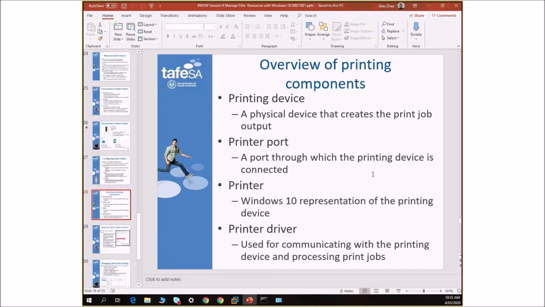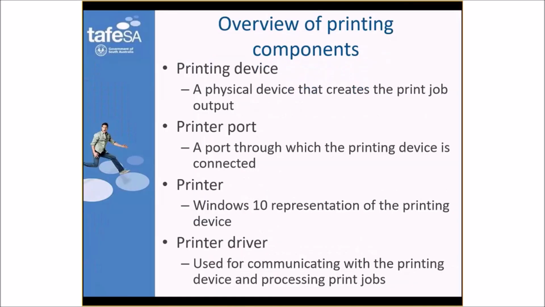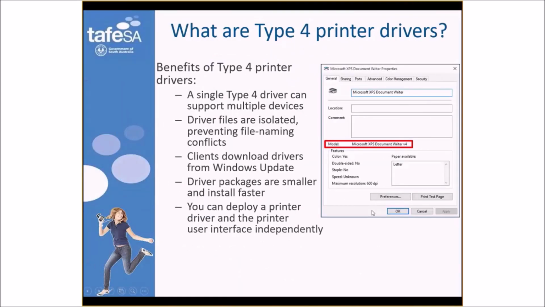So the printer port is a port through which the printing device is connected. The printer is a Windows 10 representation of the print device. And a printer driver. So driver is the software that makes a bit of hardware work properly. So if it's a specific model, we want to use all its features, we can actually use that software to get it to work right.